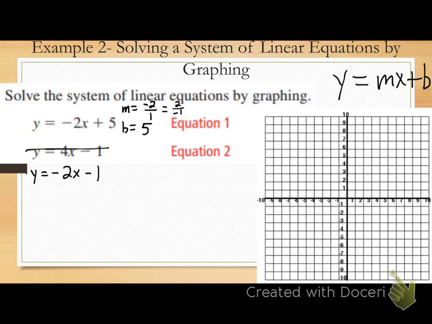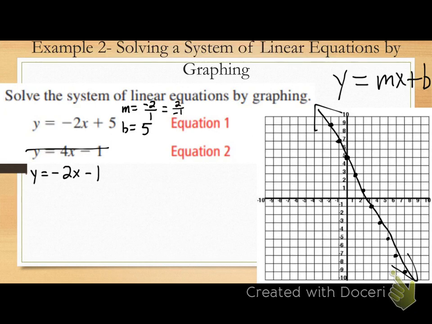I should have just left my equation 1 graphed on there. So there's our equation 1. We already graphed it. Equation 2, you probably see where I'm going with this.